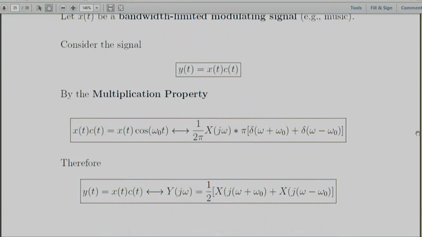So we end up with, we have to multiply by 1 over 2 pi. This had a pi in front of those impulses, so that becomes 1/2. So basically what it says is we take a copy of X of j omega, we shift it to the left by omega naught and scale it by 1/2 in amplitude, and we take a copy of X of j omega, shift it to the right by omega naught and scale it by 1/2, and then we add those two things up.